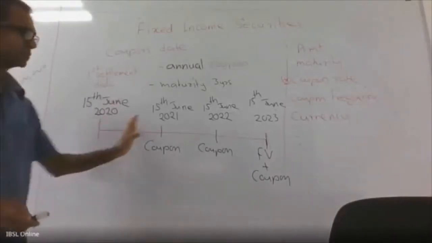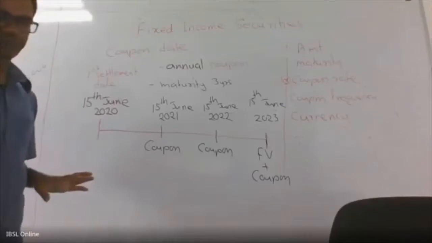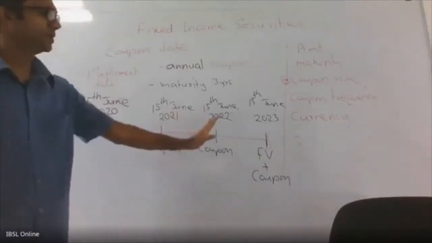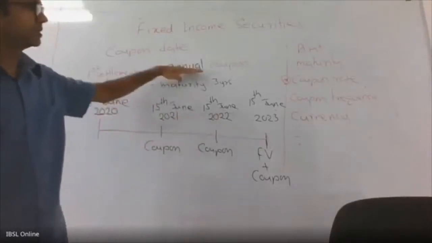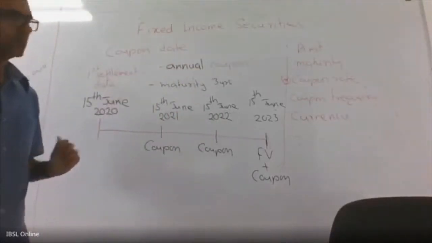These are the cash flows of a general bond, but the frequency of receiving cash flows will be different based on the coupon frequency. Is it clear?